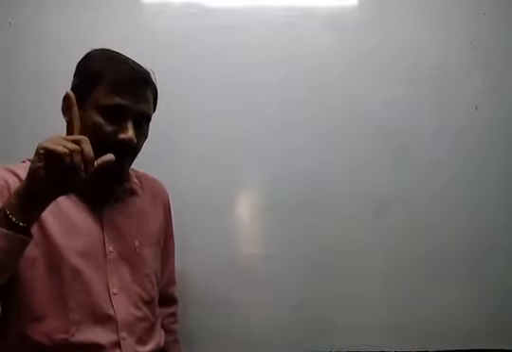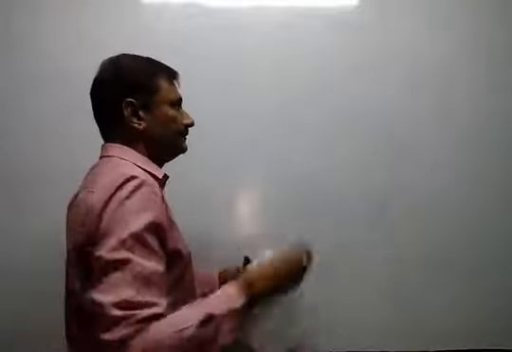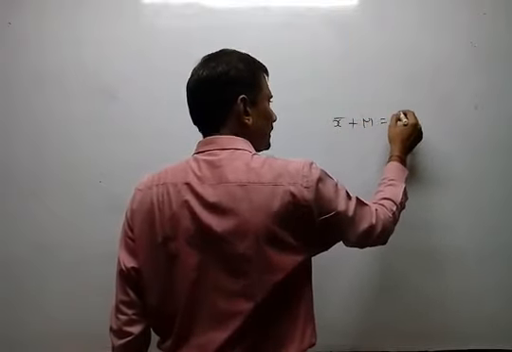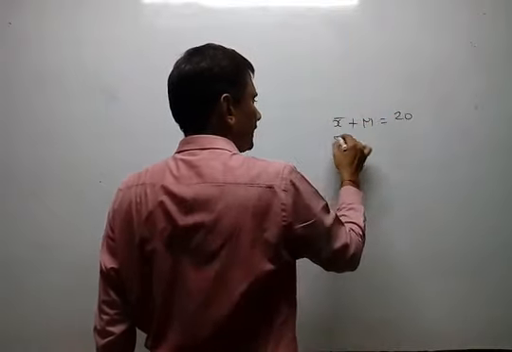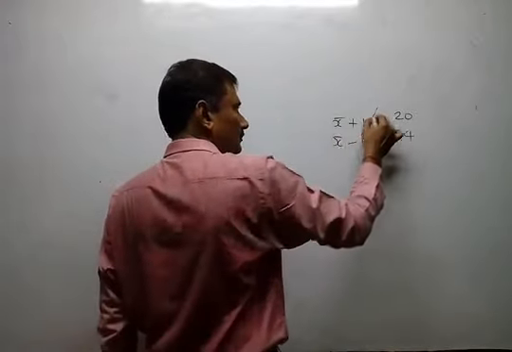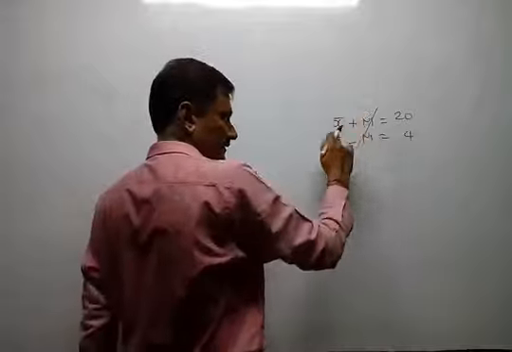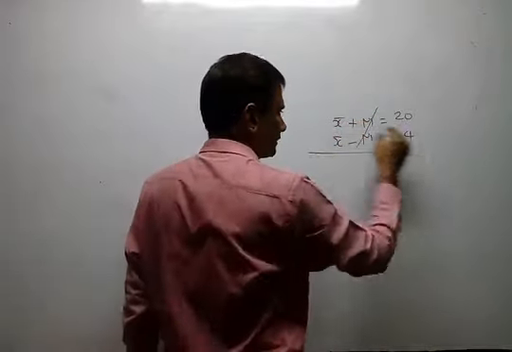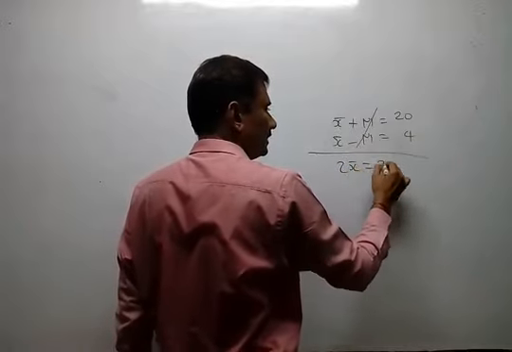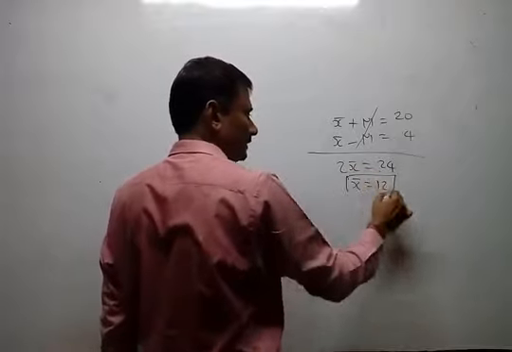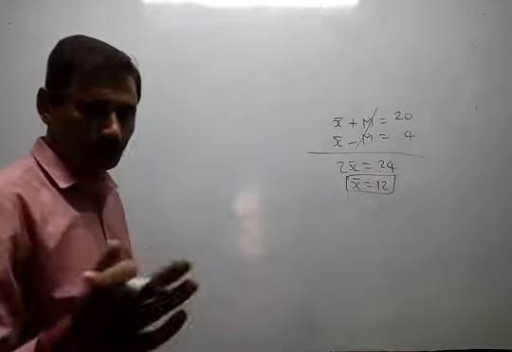Suppose this type of equation: x bar plus m equal to 20, x bar minus m equal to 4. What we were doing? We just eliminated m and minus m by adding the equations. So 2x bar equal to 24, x bar equal to 12. I am giving just an extra example to you.